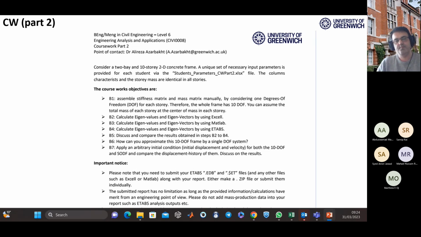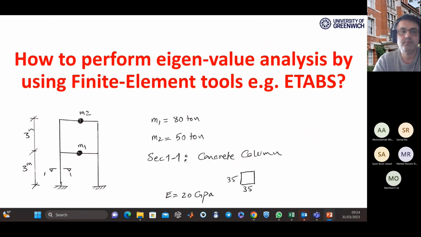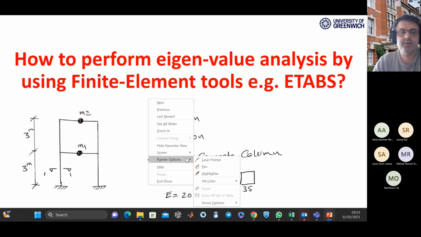The only difference between this B1 and that 2-story building that I've solved during those videos is, actually, there are 2 differences. First of all, it's 10-story rather than 2-story. And second of all, it has 3 columns in each story rather than 2 in the solved example. Let me use my pen.